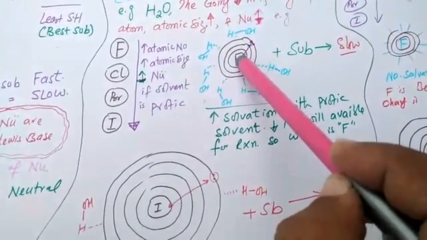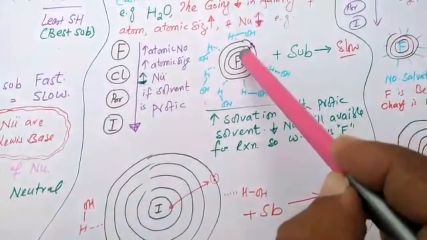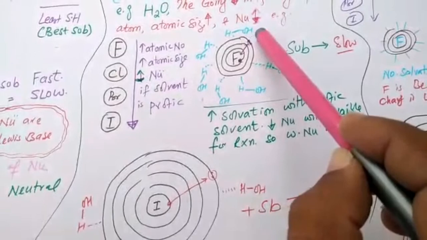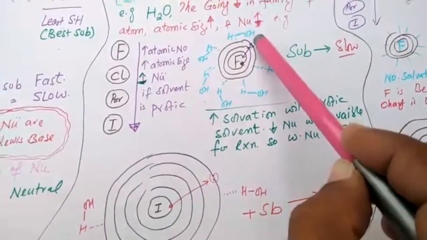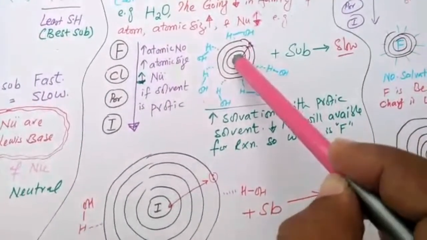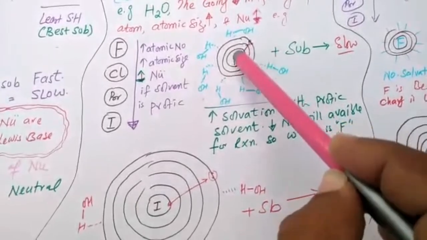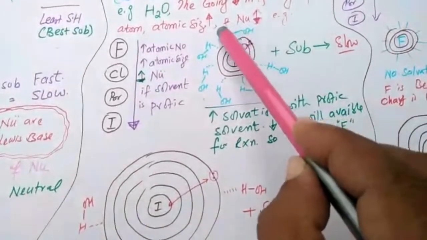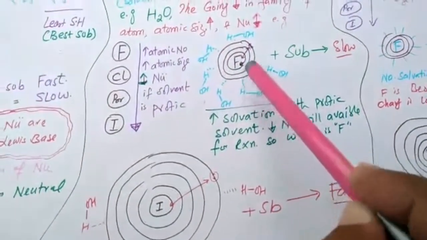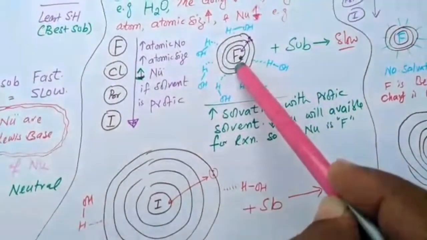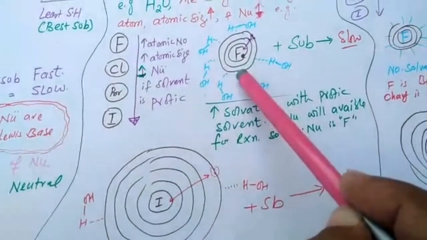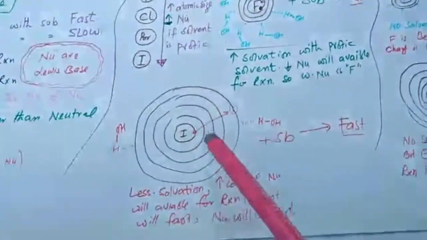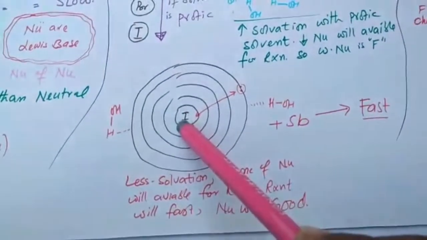When the size is small, the electrons are mostly localized, because these outermost electrons, like a negative charge, are under the strict control of the nucleus. So the solvent will try to solvate this small size more. In this case, fluorine is not a good nucleophile because the reaction is slow. Now going down the group, at the end there is iodine.